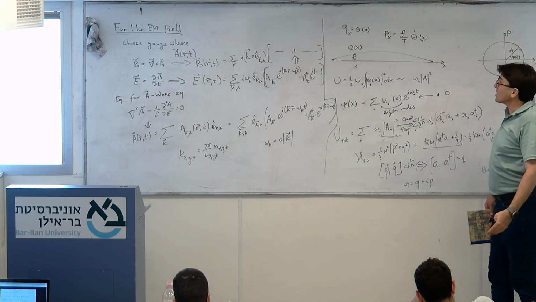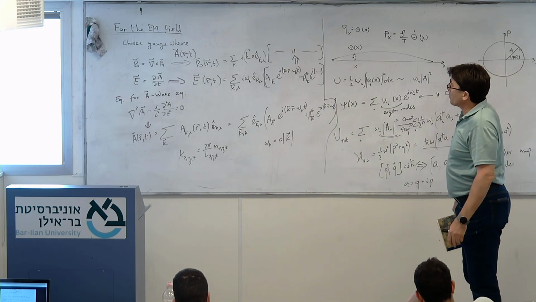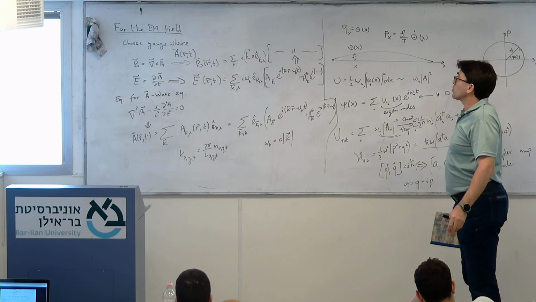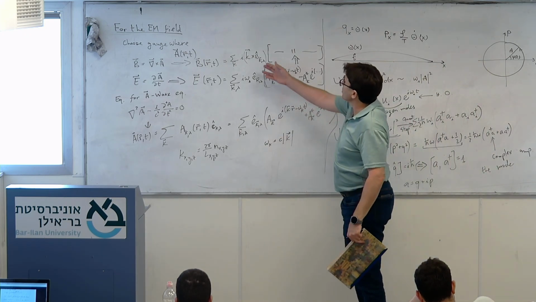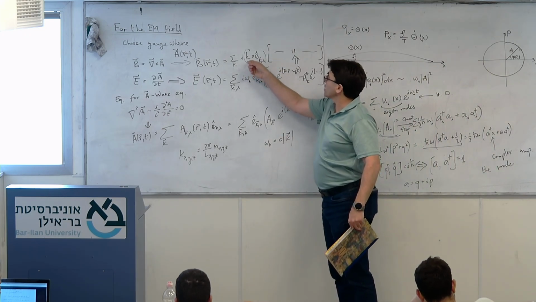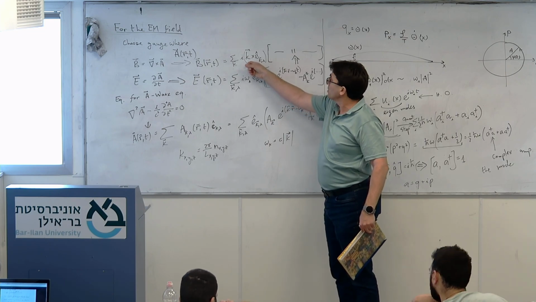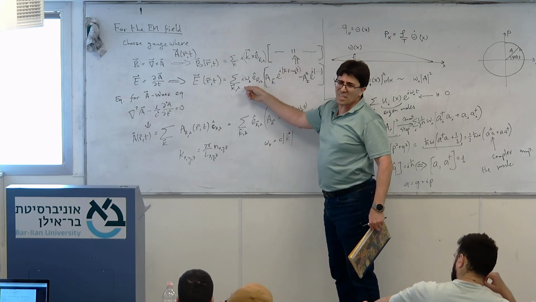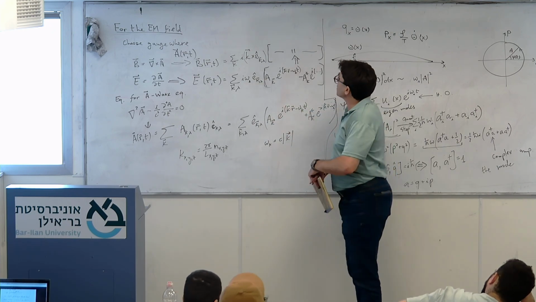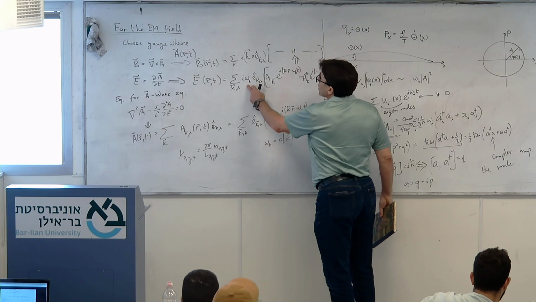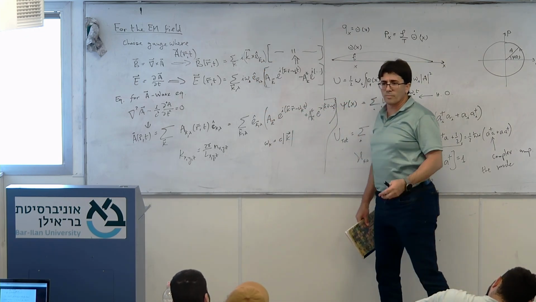So the electric field and the magnetic field, given the potential, are almost the same, because the wave vector k and omega have basically the same length. So the difference between those is just the speed of light in terms of magnitude.